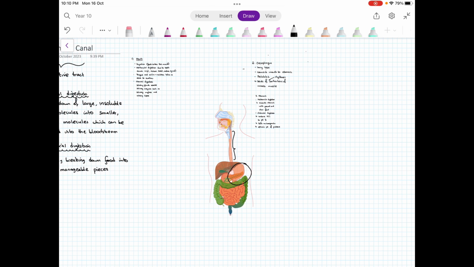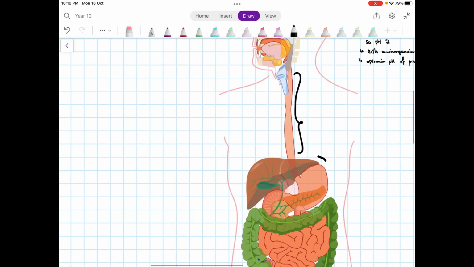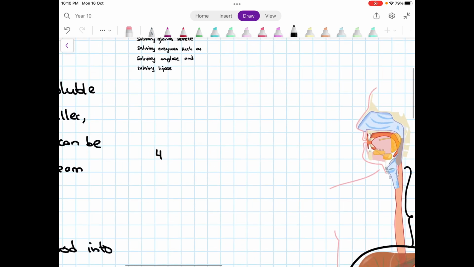So before we continue with the progression of organs that food passes through, let's take a look at some other important organs involved in the digestive system. Over here, you have a structure known as the liver.